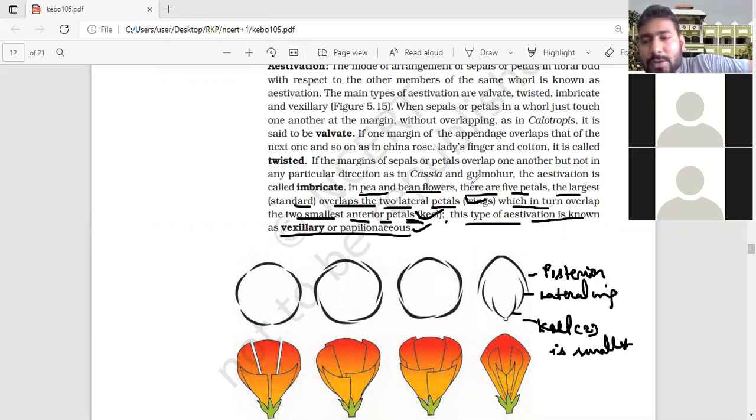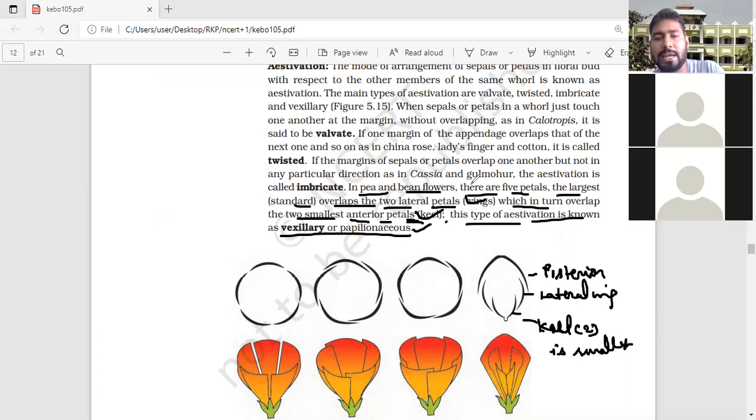For twisted type of estivation, you have to learn LCC: Lady's finger, China rose and Cotton. These are examples of twisted. Imbricate: Cassia and Gulmohar. And the last one is the vexillary or papilionaceous estivation, where the corolla is arranged like this: one posterior large standard and 2 lateral wings covering the 2 small anterior keel-like petals.